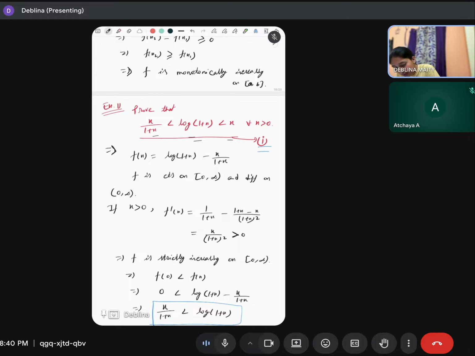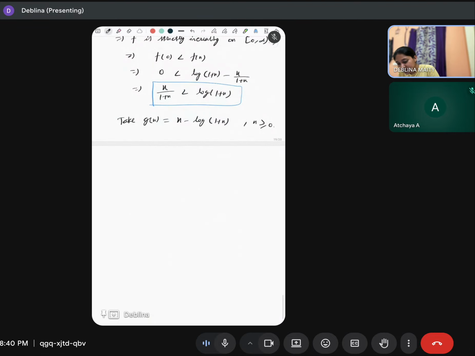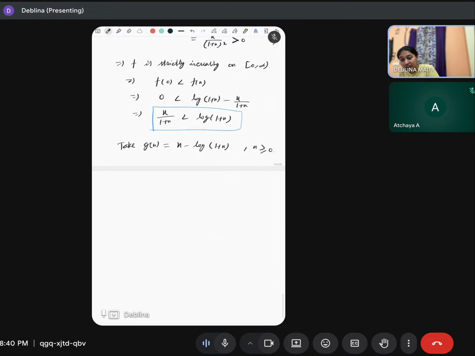The domain of this is x greater than or equal to 0. We are taking the function in closed 0 to infinity. So again g is continuous on 0 to infinity and differentiable on open 0 to infinity.